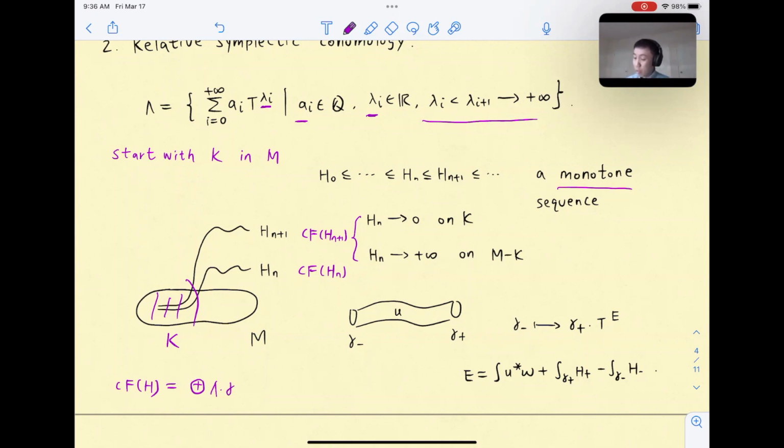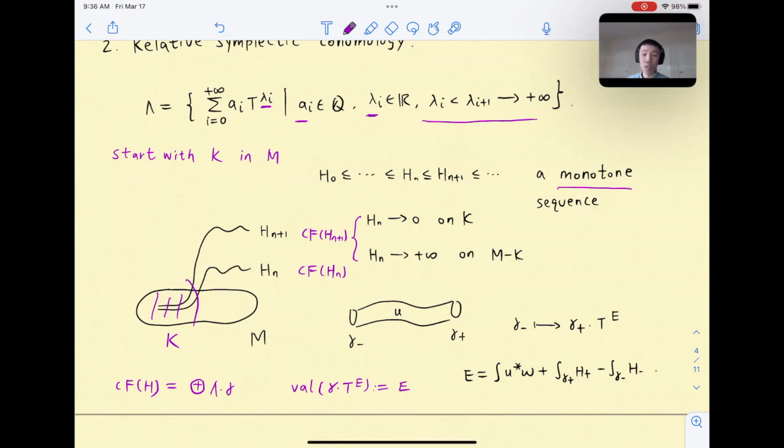And in that case, we don't have an action since we don't have cappings, but we have a valuation coming from this background field Lambda. So we define the valuation of a term gamma times t to the e as just this number e.